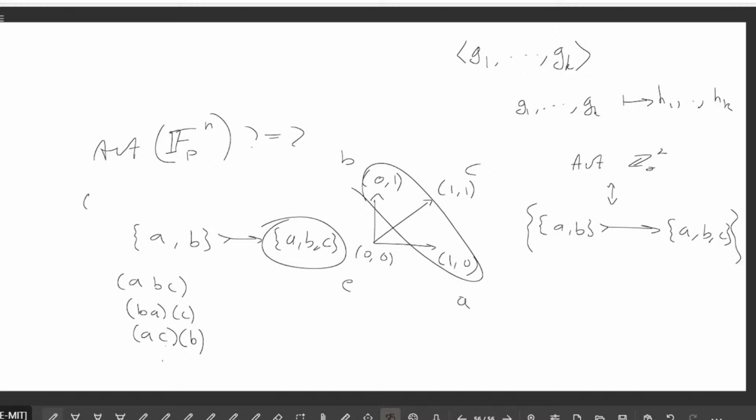Why? Because for AB, you fix one generating set, you don't have to change this, and that has to go to something under the homomorphism. Then see where all I can send it. I can send it to A and B respectively, or A and C, or B and C, and so on, or B and A. That order also matters. That's a different function.